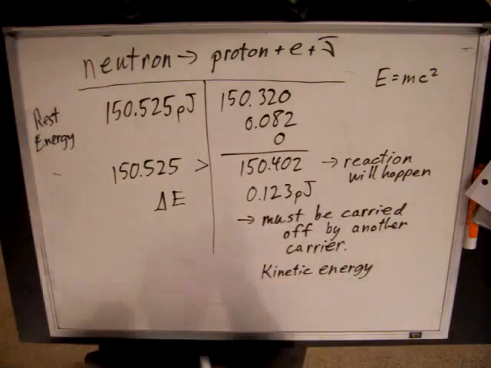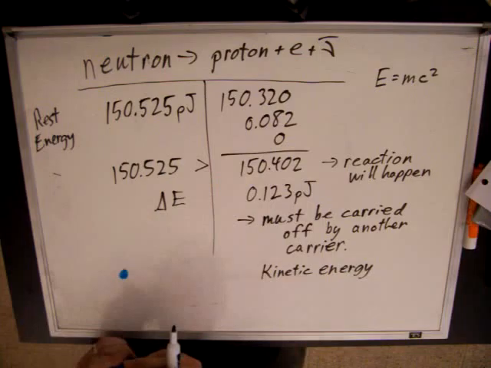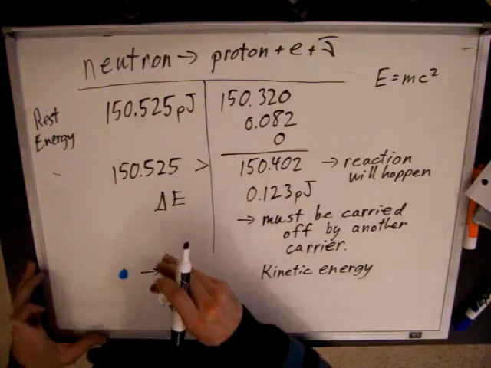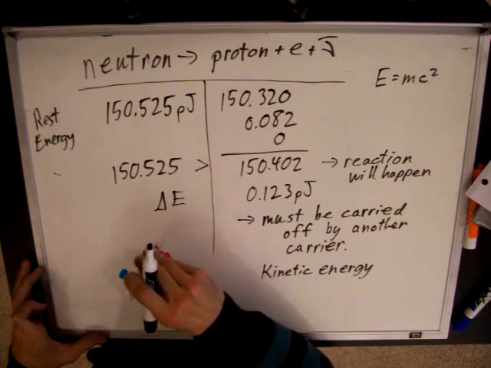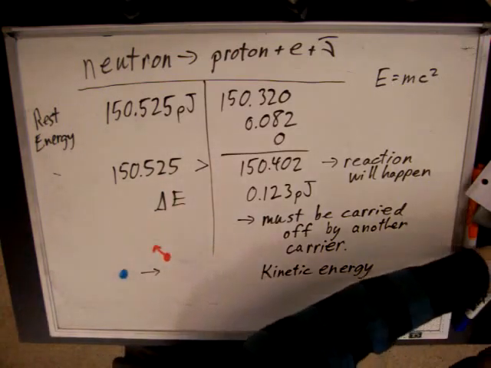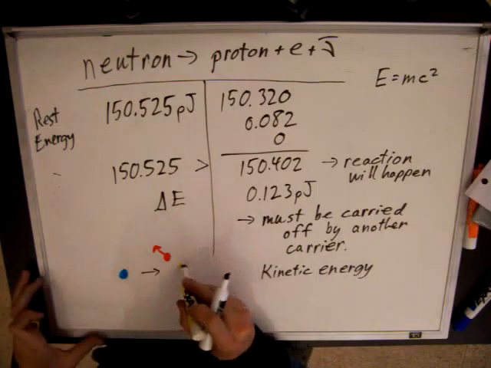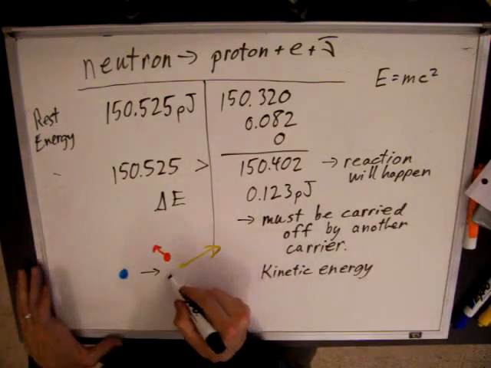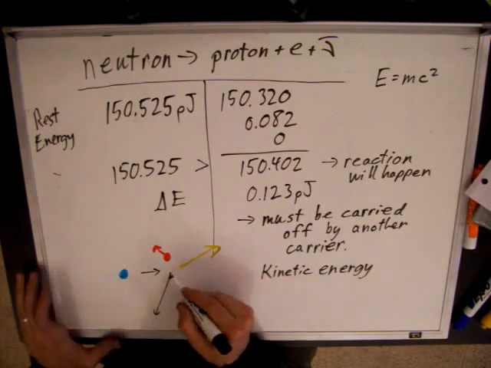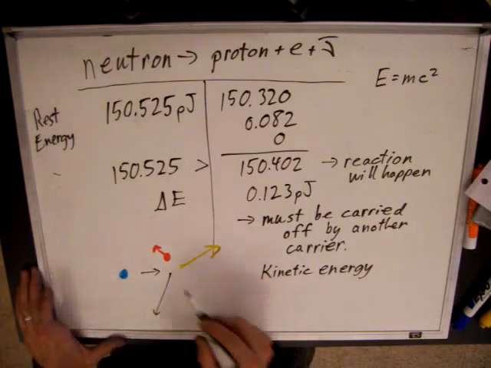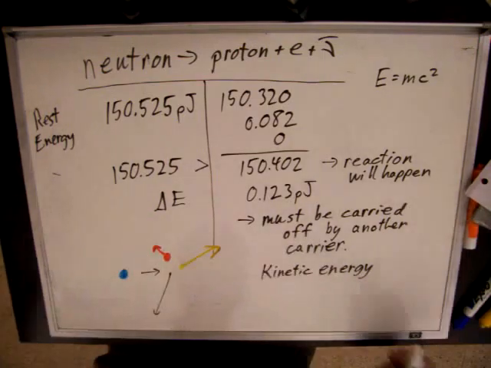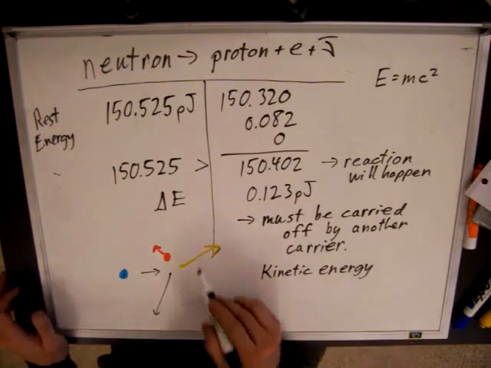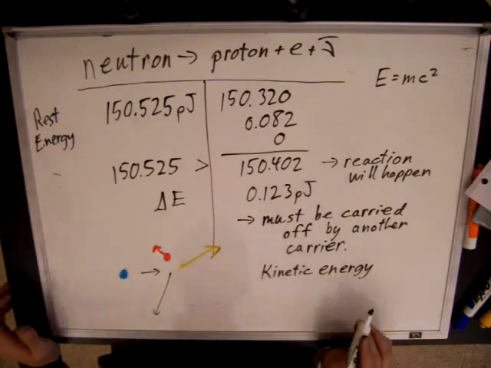And that means that the neutron, which breaks apart, turns into a proton, which is drifting away in one direction, an electron, which is whizzing away very fast in another direction, and an antineutrino, which is whizzing away at nearly the speed of light. So the motion of all of those particles whizzing away is what you call kinetic energy, and so the carrier for carrying those away is momentum.